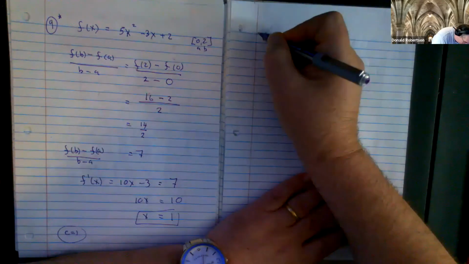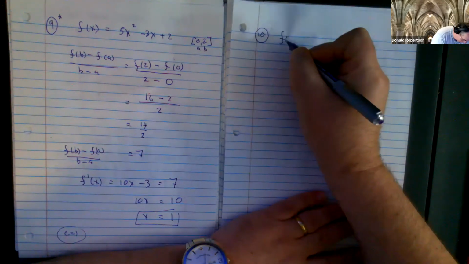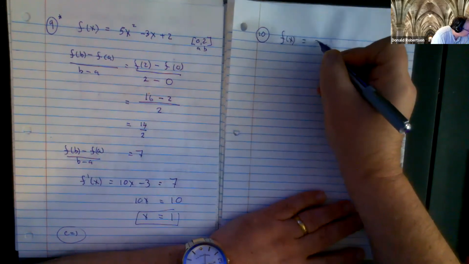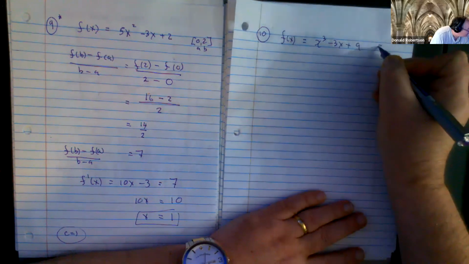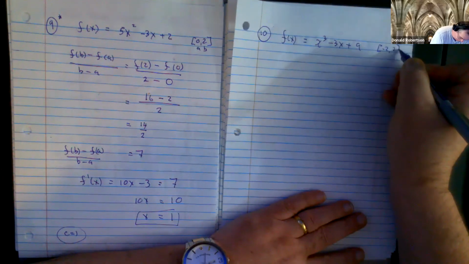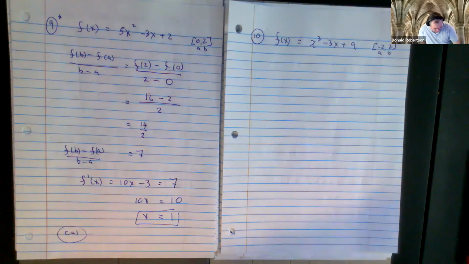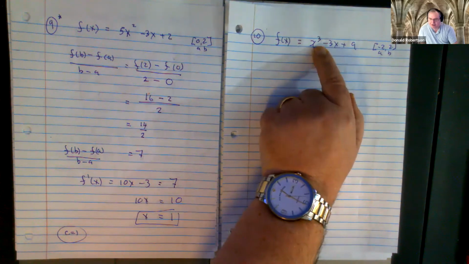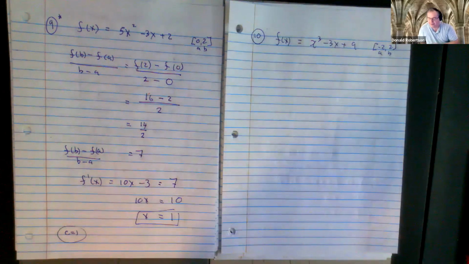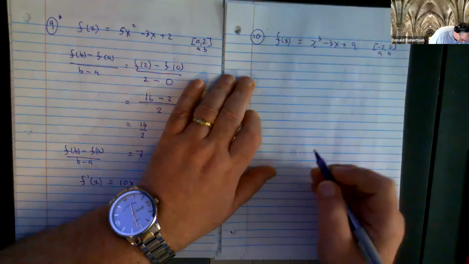Okay. Question 10. It's a cubic function, and the interval is going to be from -2 to 2. So there's my A and my B. Let's check it. Continuous, yep. Differentiable, yes. Why? All cubic functions are continuous and differentiable everywhere, including between here and here.